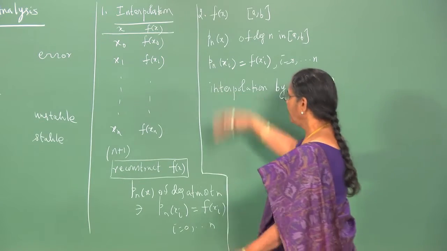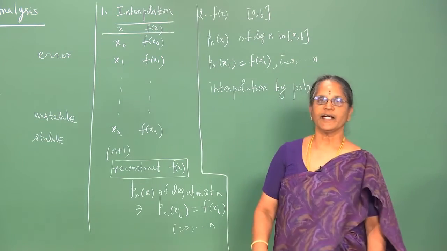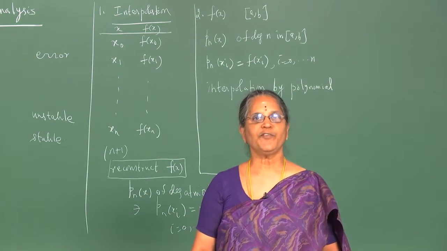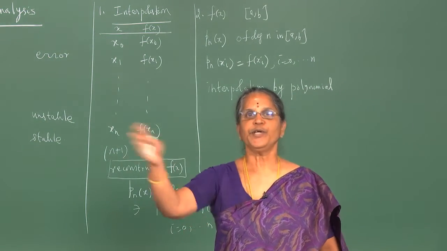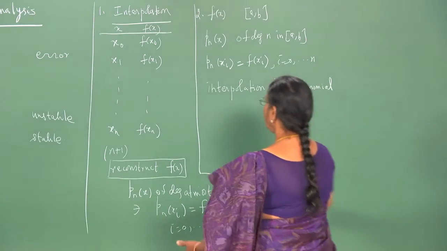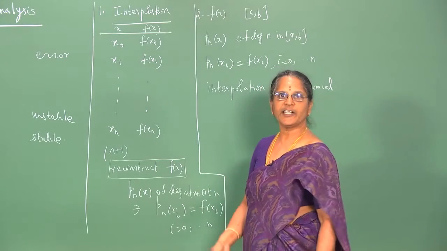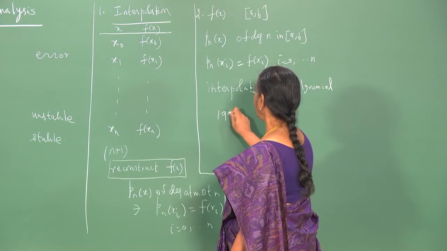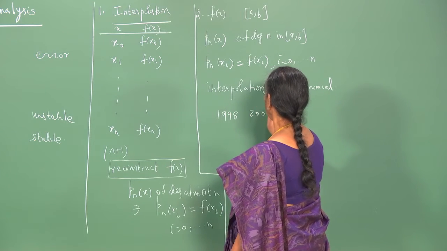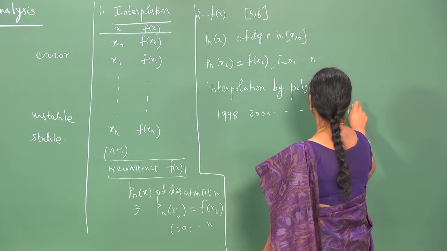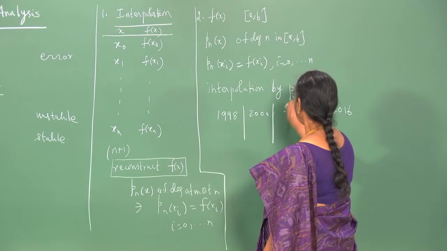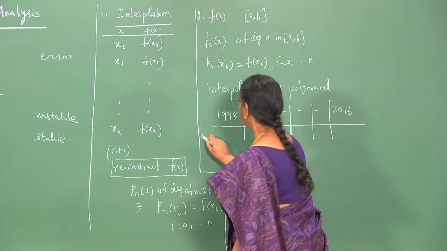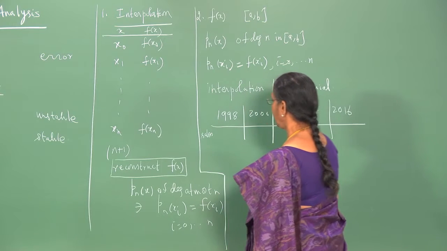So, for example, say I am given information about rainfall every 2 years or the sales of a certain commodity every 2 years, say starting from 1998, 2000, etc. up to 2016. So, I know in these years what the sales of a certain commodity are.